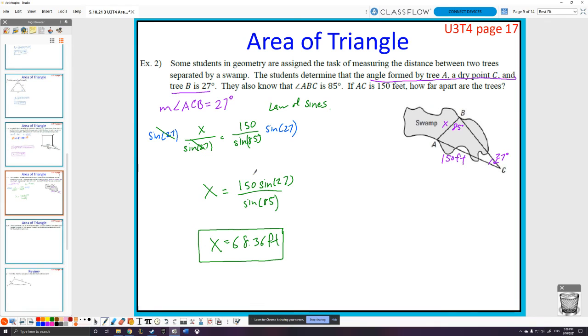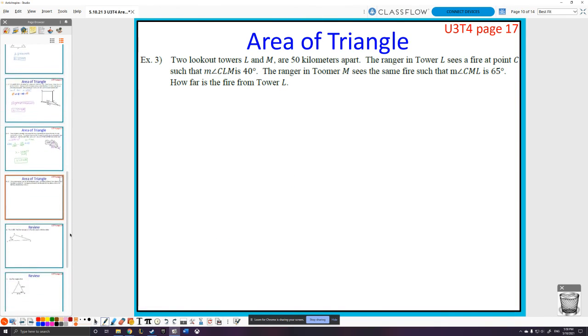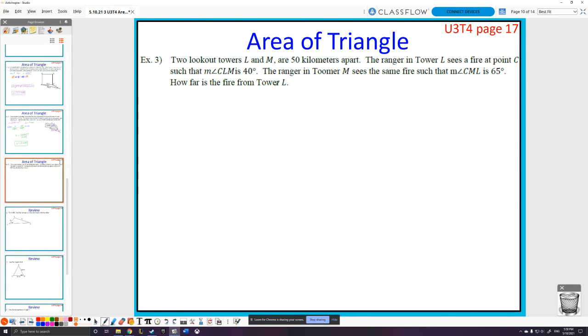Cool. And the last group problem that we'll go over today: two lookout towers, L and M, are 50 kilometers apart. The ranger in tower L sees a fire at point C such that angle CLM is 40 degrees. The ranger in tower M sees the same fire at a measure. So let's just draw it out first. I have some triangle, and again, it doesn't really matter how you draw it.